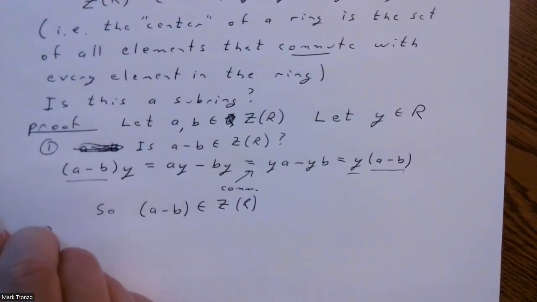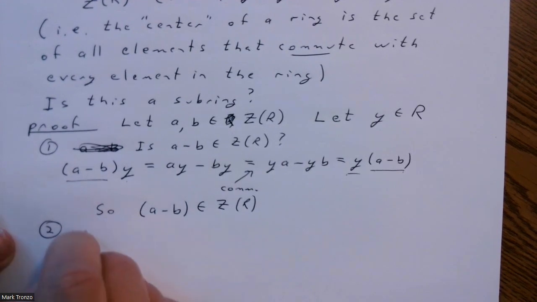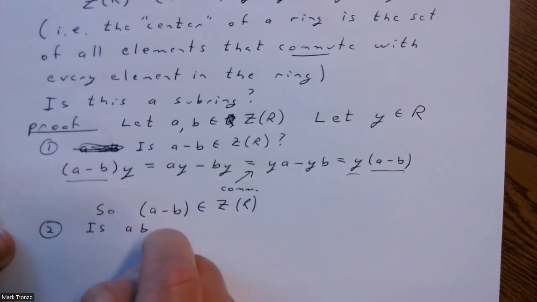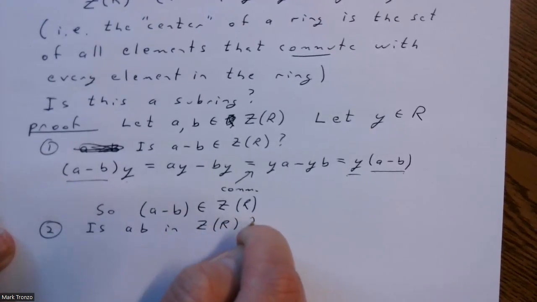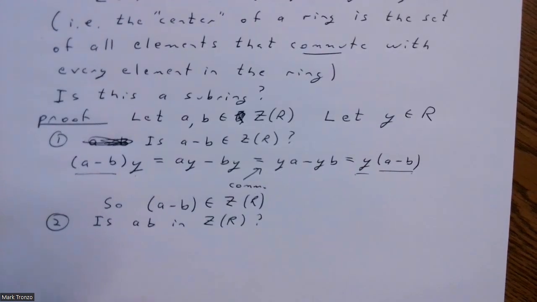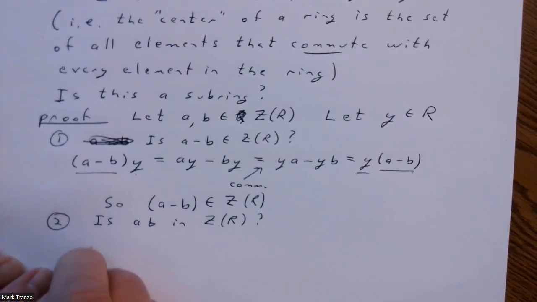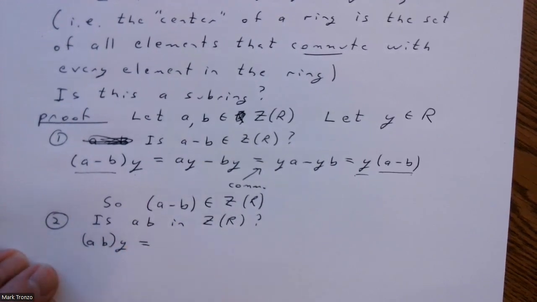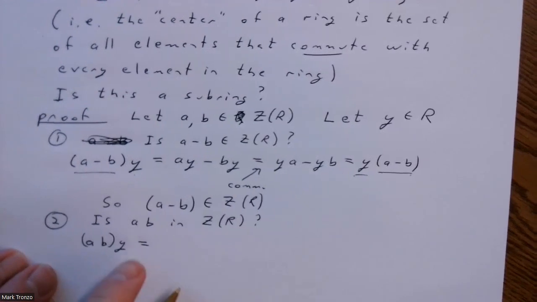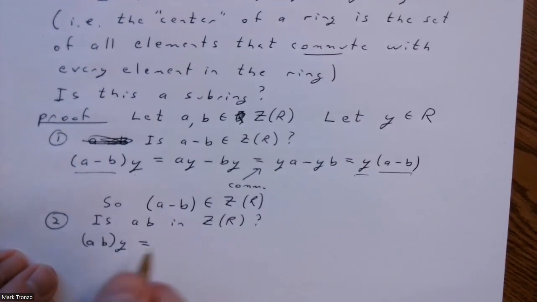The next one, again, is: is A times B in the center? And so again, let's start. We take A times B times Y. Is that ultimately going to be equal to Y times AB?